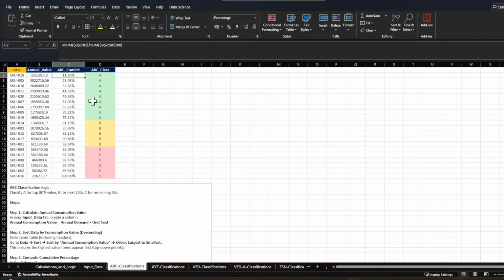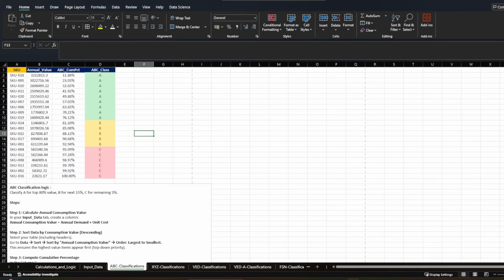It's a very simple formula, and then you can use this formula for the top 80% being A. You can see that all of these items take 80% of the value, then these take around the next 15%, and then these take the remaining 5%. So this is how you can do the ABC classification. The only critical point is you need to sort before applying any of the formulas.